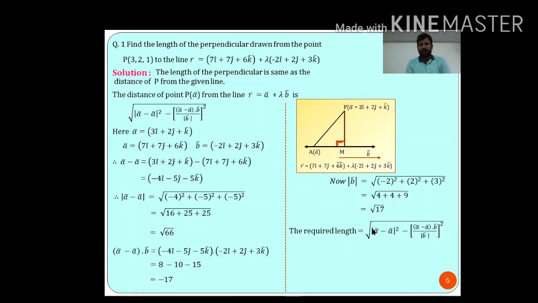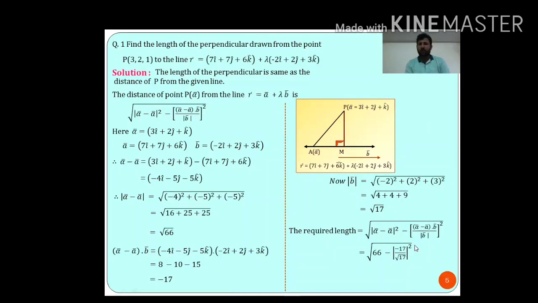In this formula, substituting the value, alpha bar minus A bar squared, that is root of 66 square, you will get 66, minus this dot product answer minus 17 over magnitude answer root 17, whole bracket squared. Check. This value, 17 by root 17, means root 17. Its square is positive again.